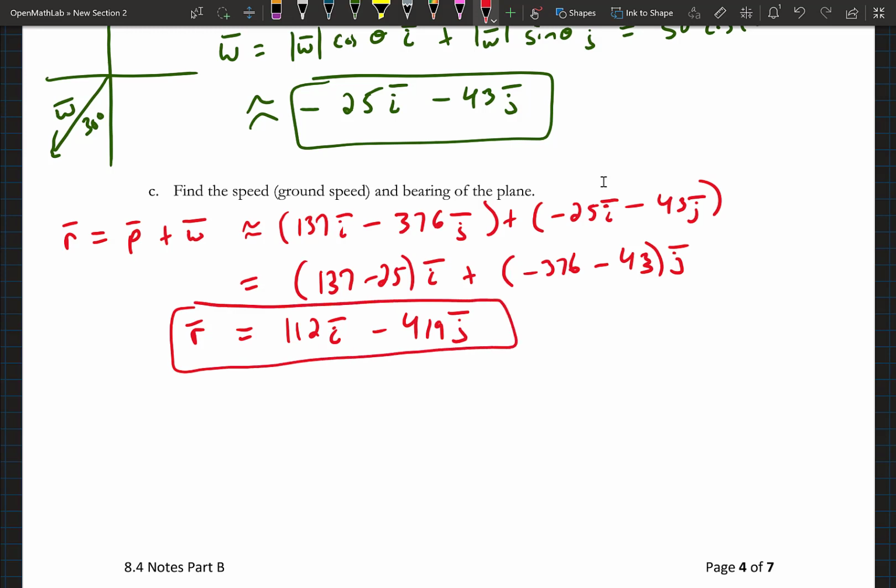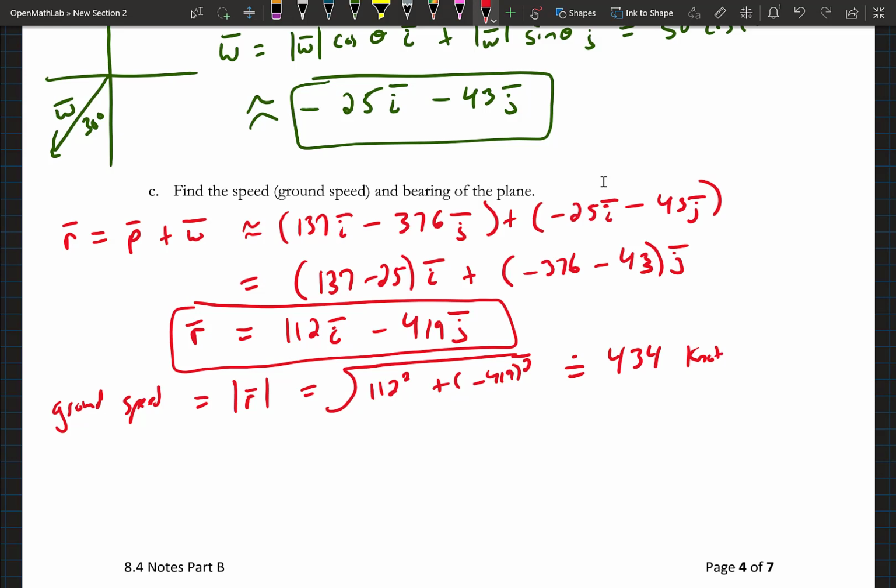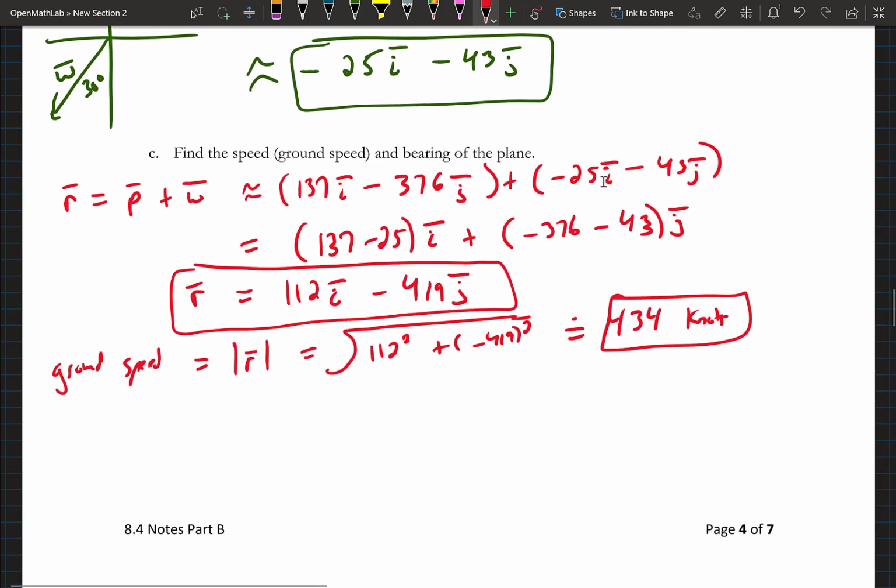Right? So then the speed, the ground speed, is going to be equal to the magnitude of vector r, which is equal to the square root of 112 squared plus negative 419 squared. So if we simplify this, this comes out to be approximately 434 knots. Right, so that's one answer that we were after. The next thing we want to find is the bearing.